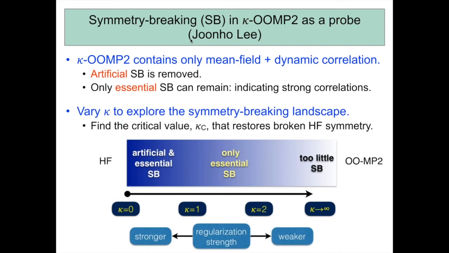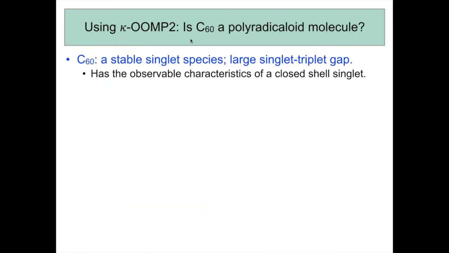At the left-hand end of the spectrum, we have artificial and essential symmetry breaking together, and in Hartree-Fock, you're not quite sure which is which. At the kappa goes to infinity end of the spectrum, there is false symmetry restoration, and you're not sure if that restored symmetry is valid or not. And so in between is hopefully only essential symmetry breaking, and so we're going to go looking at these landscapes.